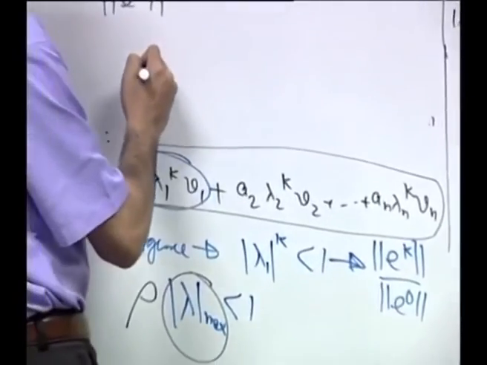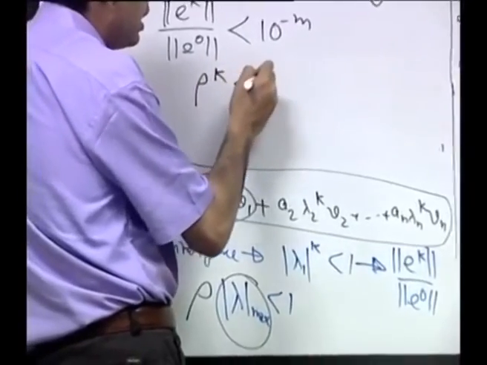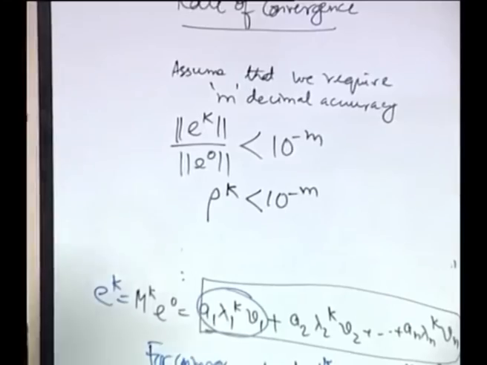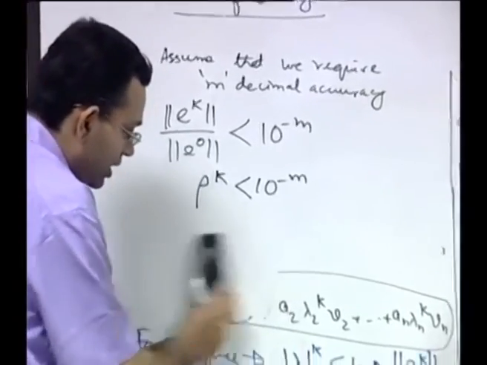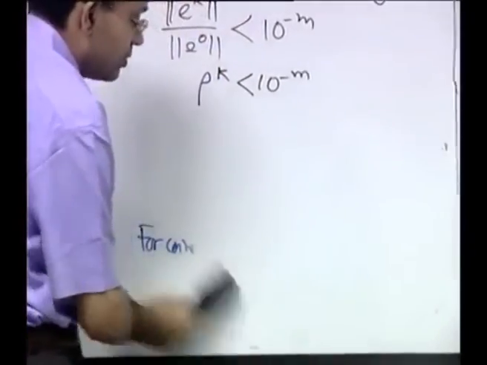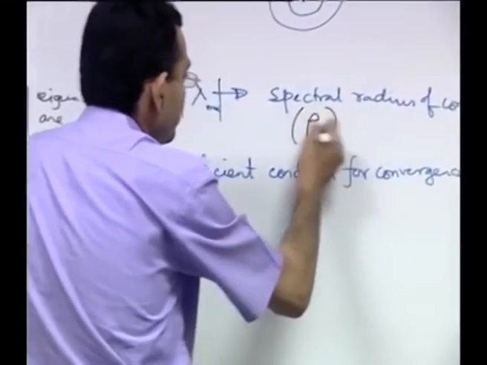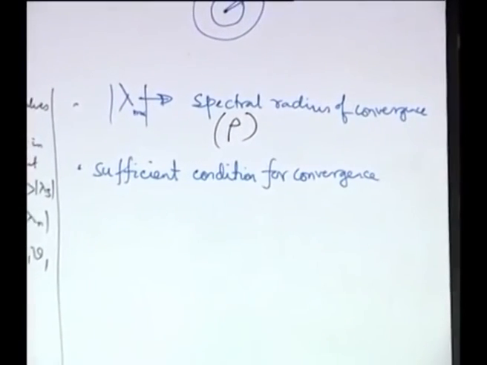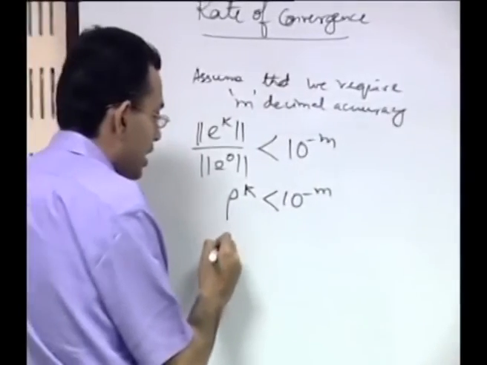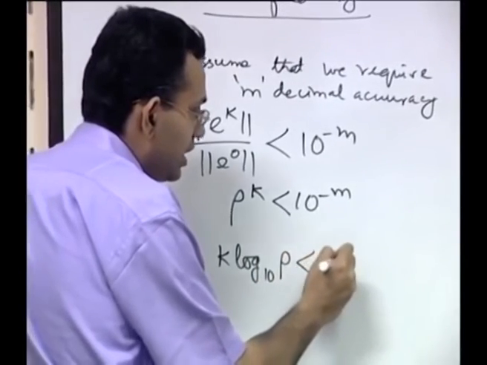So this is essentially mod of lambda max to the power k, so rho to the power k less than 10 to the power minus m, where rho is nothing but mod of lambda max, the spectral radius of convergence. If we take the log of both sides with respect to the base 10, then k log to base 10 of rho is less than minus m.